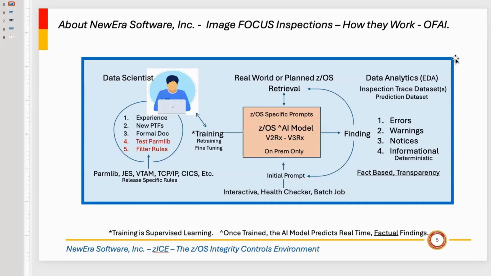So, what are we actually talking about? Well, here's an overview of Image Focus and its AI functionality, how this thing actually works. And quite often, people refer to this as old-fashioned AI. This is the way it has been for years and years. You probably have written an AI of some kind or another.